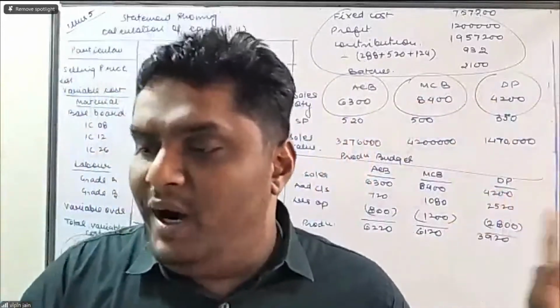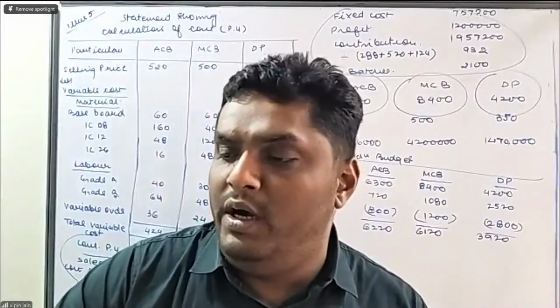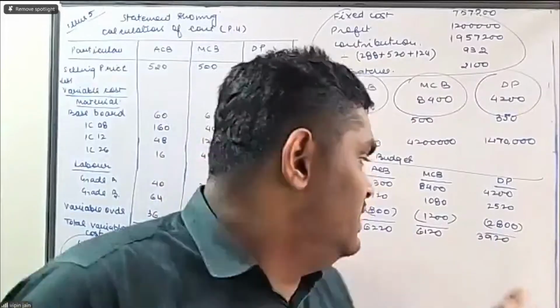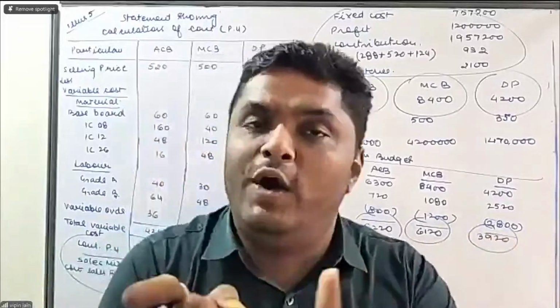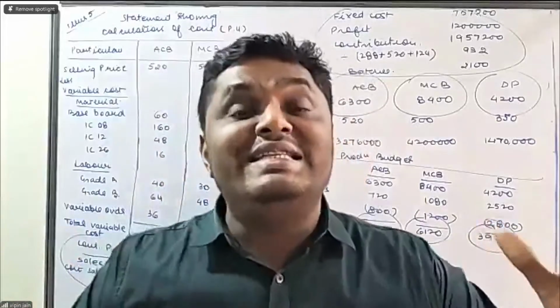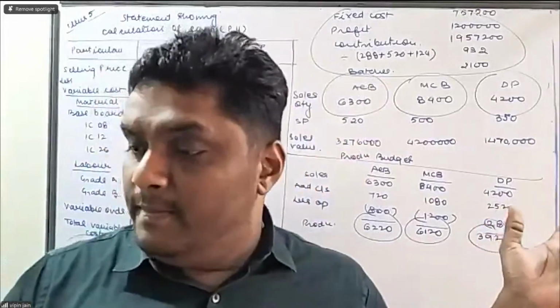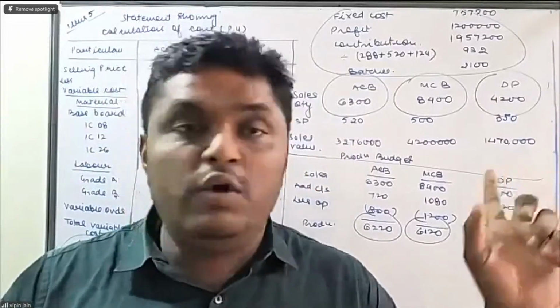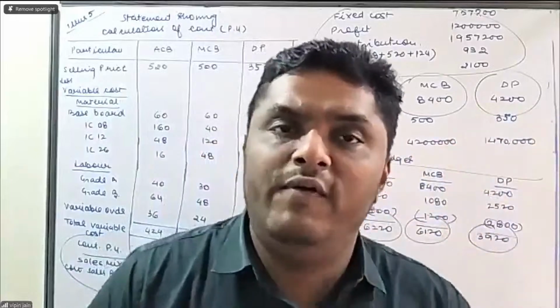See now, the production budget is over. Now, the component usage budget in quantity. We have got the production, so we can easily calculate the number of components used. When talking about baseboard, for every unit we require one baseboard.